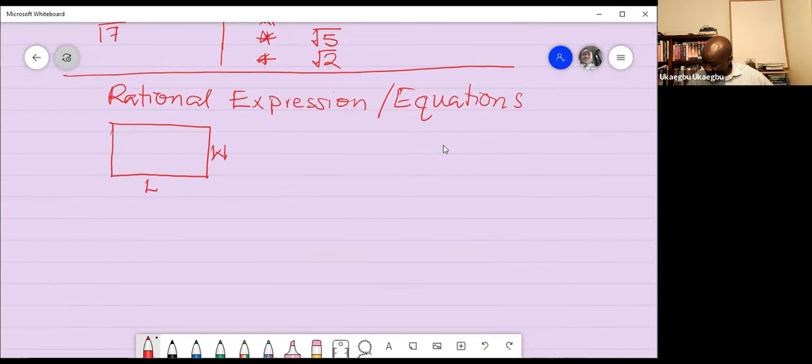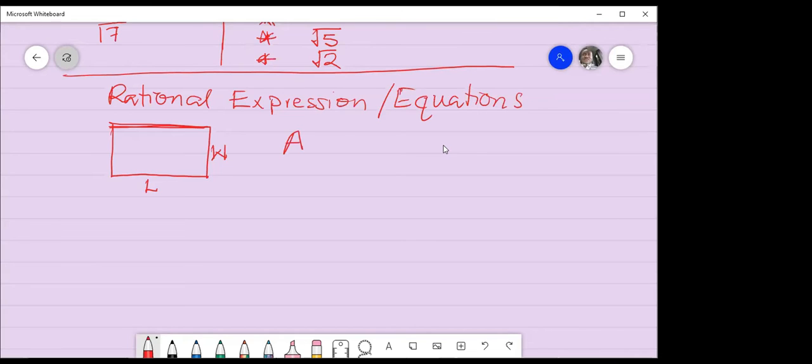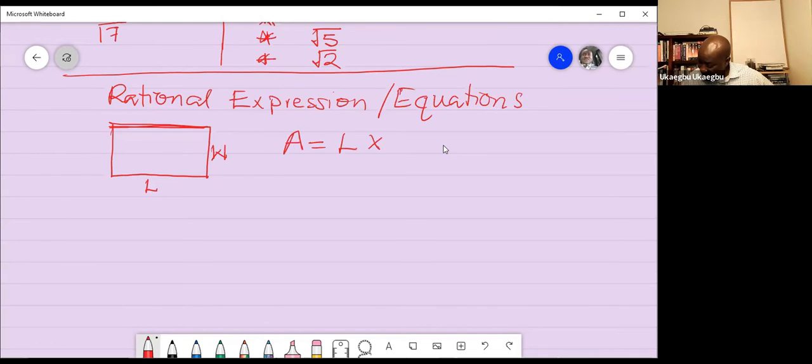And then, what's the formula of a rectangle? To find the area of a rectangle, the formula. Area is equal to length times width. Okay? Now, here's the question, and I'm going to give you 20 seconds to solve it.